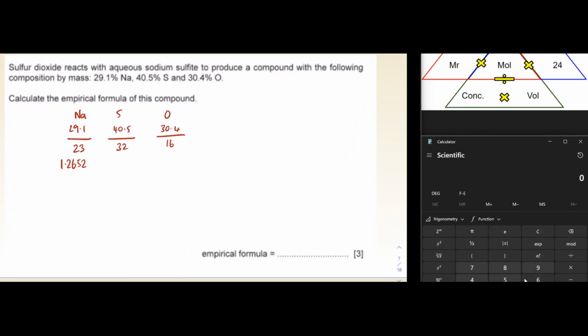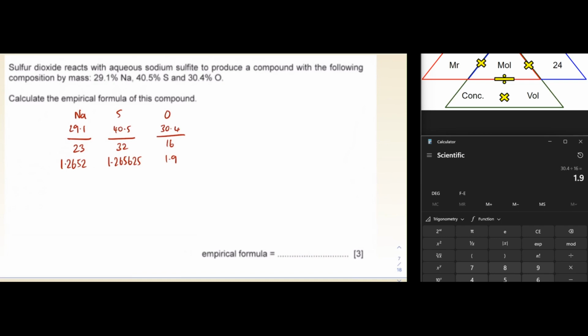We are also going to say 40.5 divided by 32. That gives us 1.265625. And then we've got 30.4 divided by 16, and that gives us 1.9 exactly.